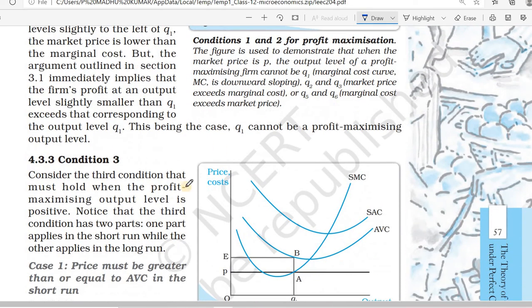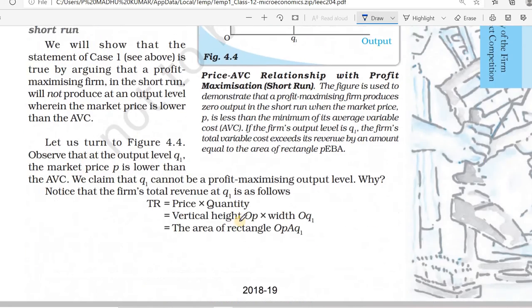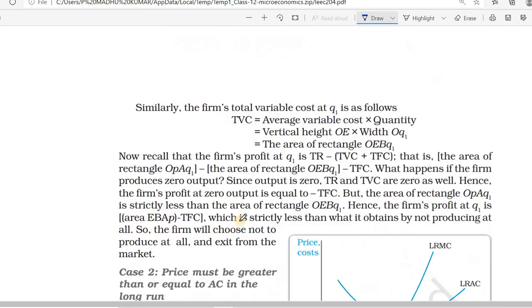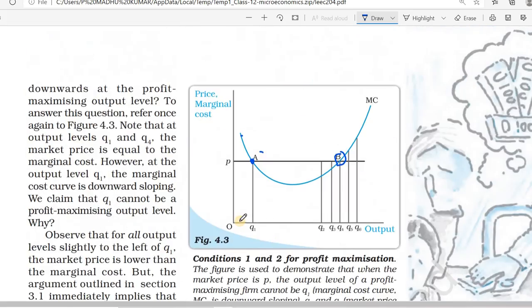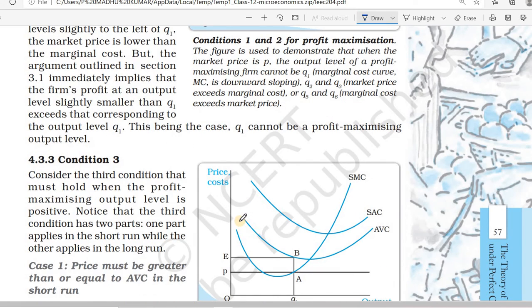Next, the third condition: the profit-maximizing output level is positive, and price must be greater than or equal to AVC in the short run. Average variable cost should not be greater than price.